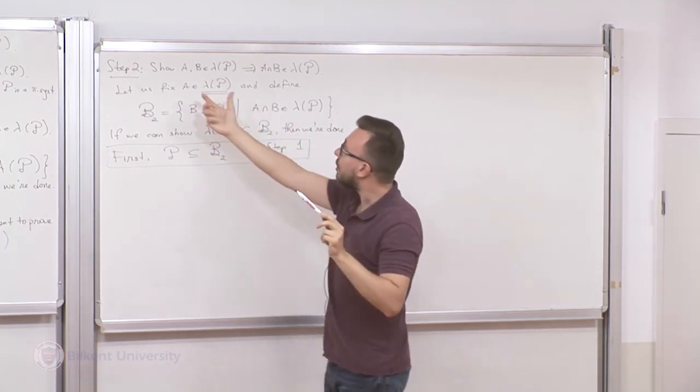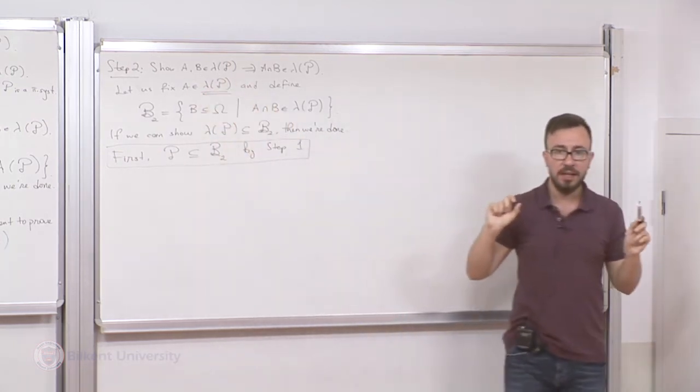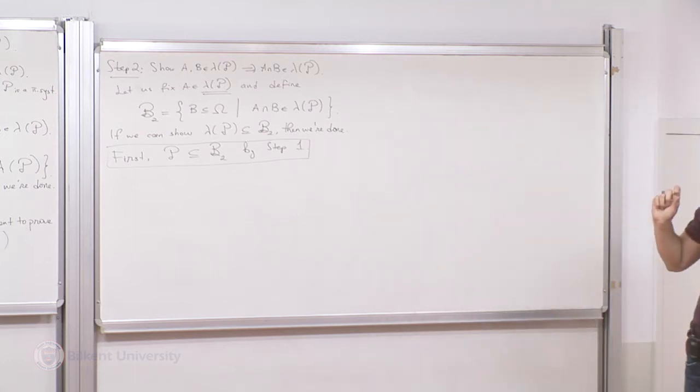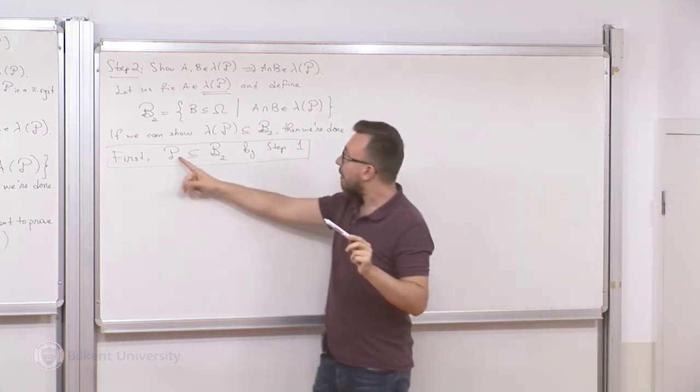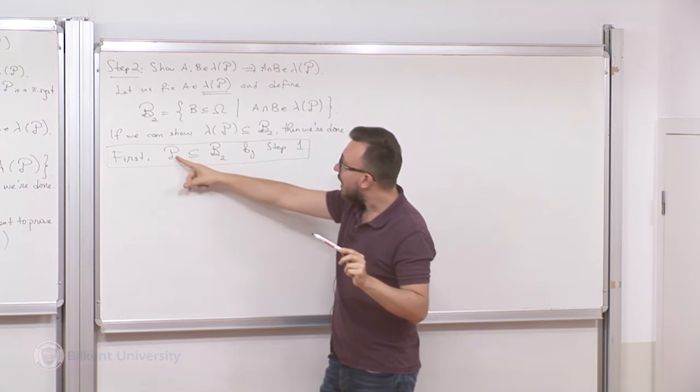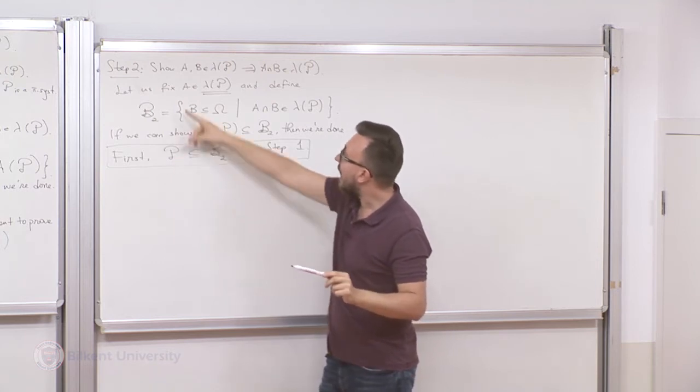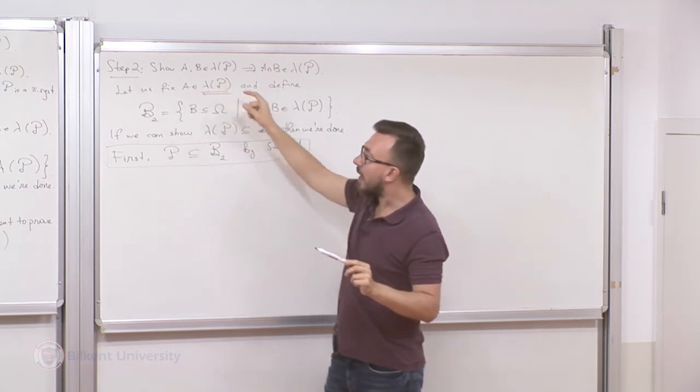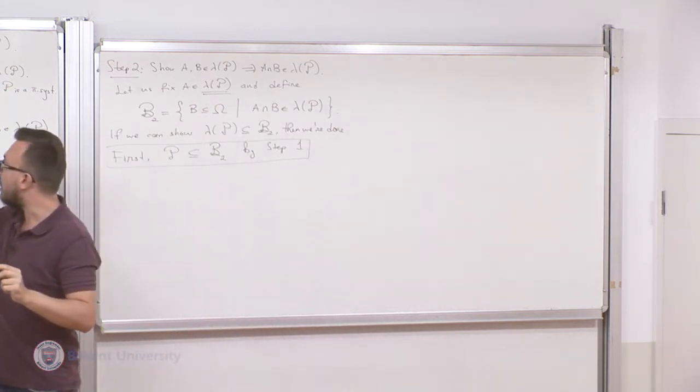Now the roles of A and B changed. That might create some confusion. Here now B is coming from P, the pi system, and A is fixed in lambda P, which is the opposite of what is happening here.